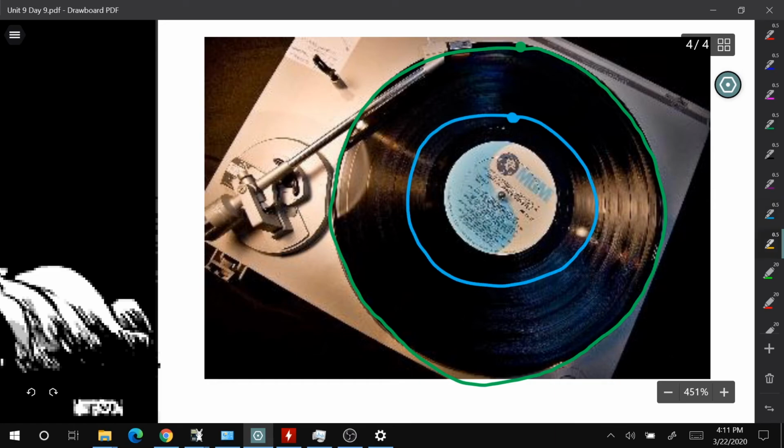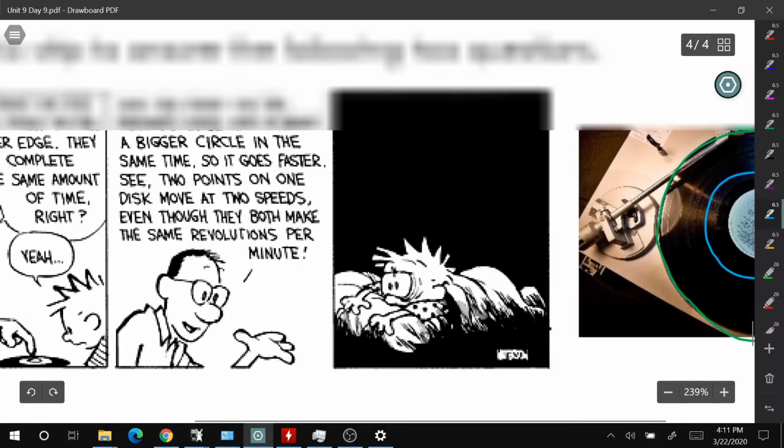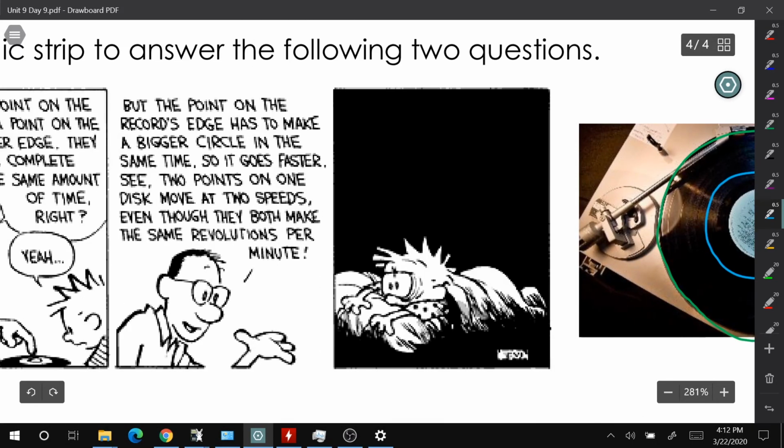But these two always stay together. So that means that the green dot must be traveling faster than the blue dot, even though they're part of the same record, because this record will spin around and around, and that's how the music gets played. So the green dot is moving at a faster rate than that blue dot, even though they're part of the same record. So that's what the comic was saying, and it clearly has disturbed poor Calvin here.